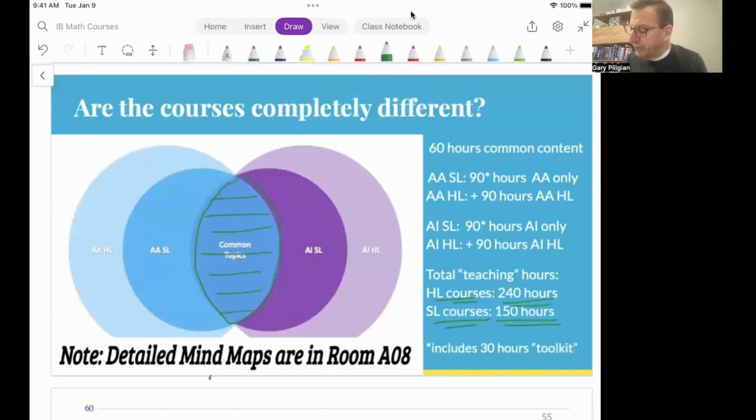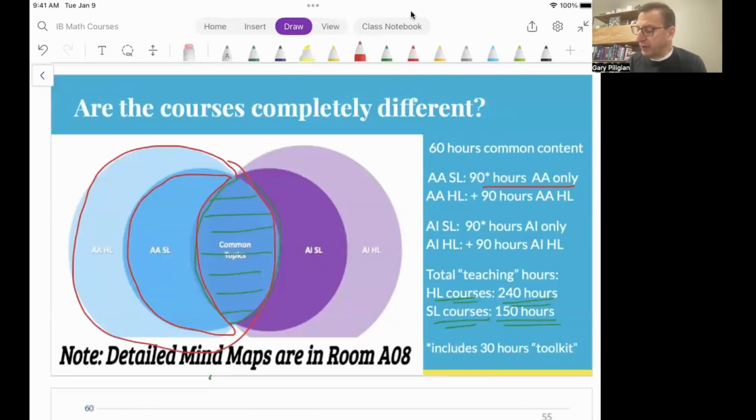And then this area right here, this red crescent that I'm drawing, is the 90 hours of additional analysis and approaches content. Now, the interesting thing is, if you look at the HL course, the SL course is a complete subset of the HL course.